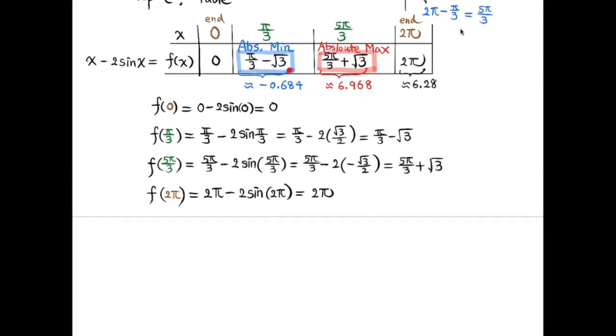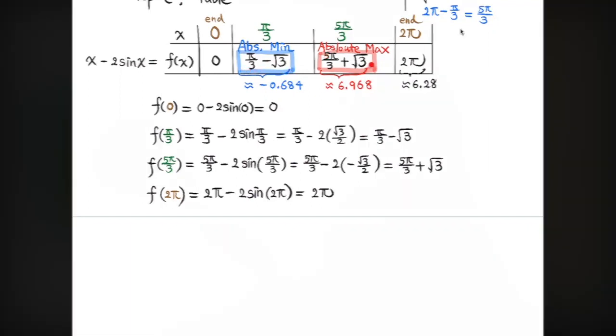The absolute minimum is pi over 3 minus root 3. Notice that this is the exact value for this absolute minimum, and this is the exact value for this absolute maximum of the function. Those numbers down here are the approximations. The exact values will be this and this.